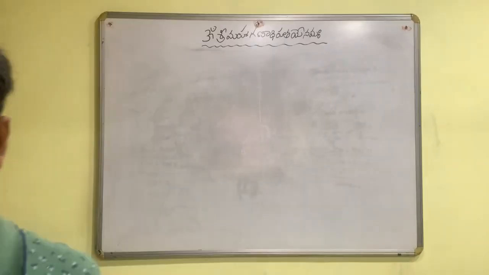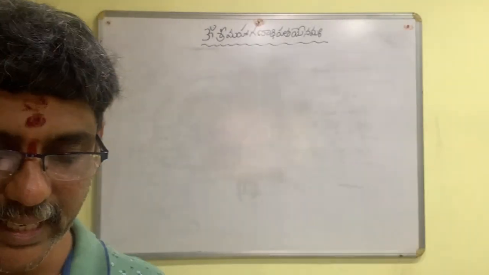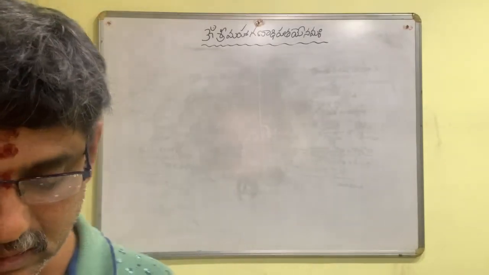Next question. A sector is cut from a circular sheet of radius 100 centimeters. The angle of the sector is 240 degrees.